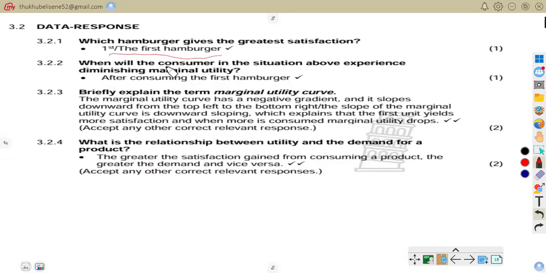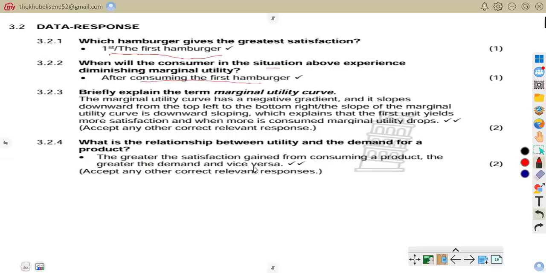When will the consumer in the situation above experience diminishing marginal utility? After consuming the first hamburger, because we know the first burger tastes best. For example, the first burger tastes best, but the second is less enjoyable.